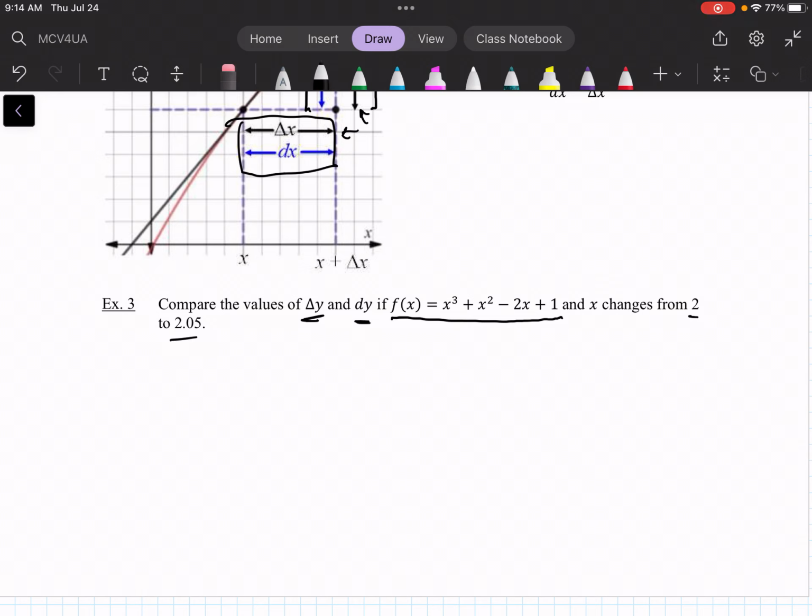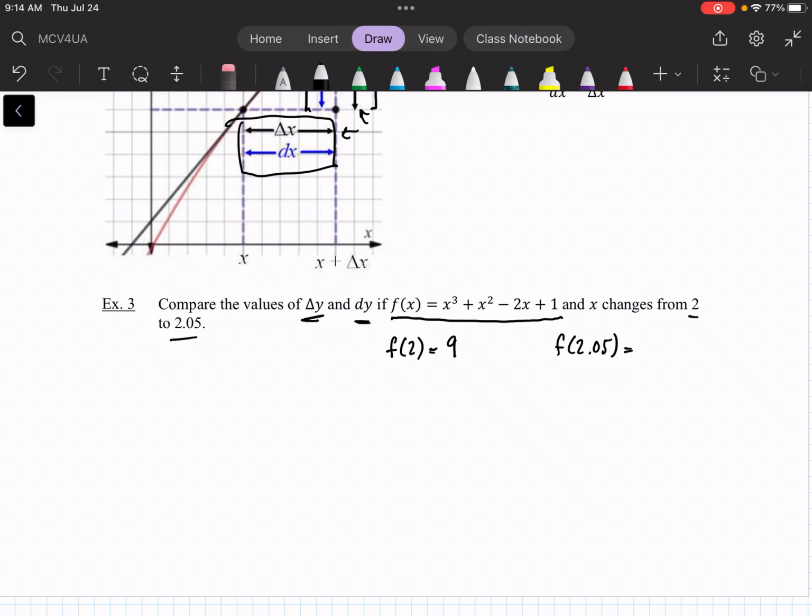So this one I'm going to use a calculator for. Some of the values are a little challenging to deal with. But first I need f at 2. So the value f at 2, if I substitute in my calculator, turns out to be 9. I also need f at 2.05 because that's how much the y value changes.